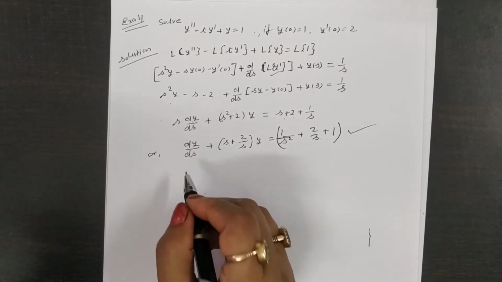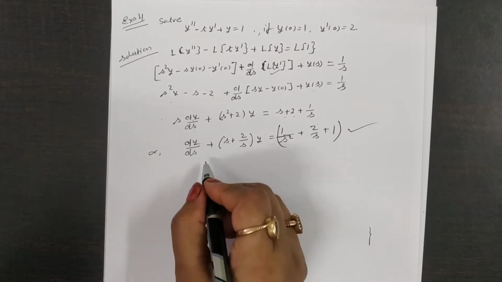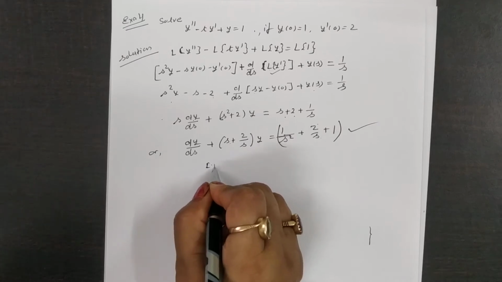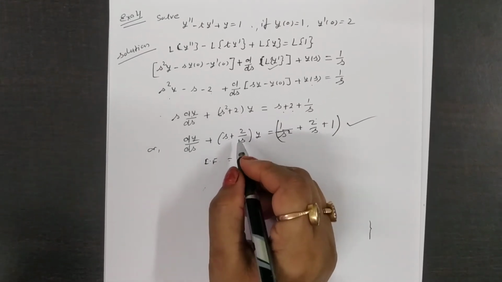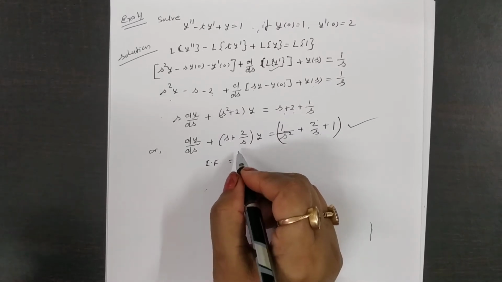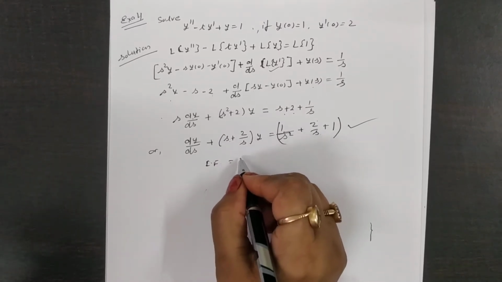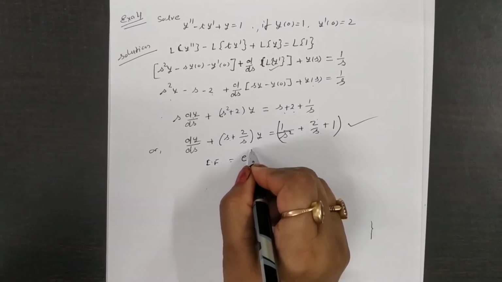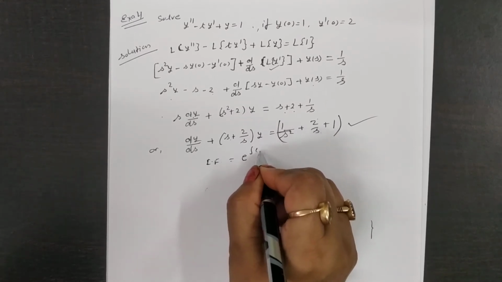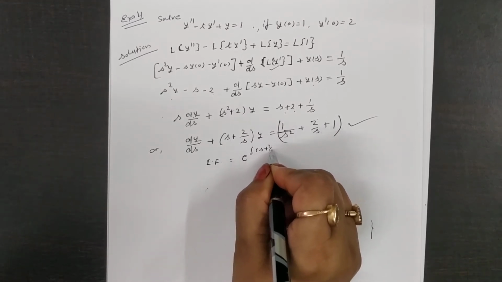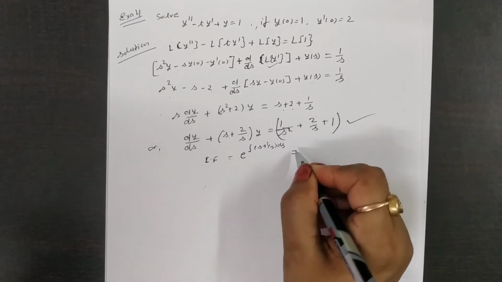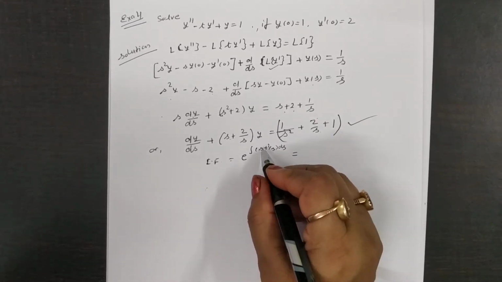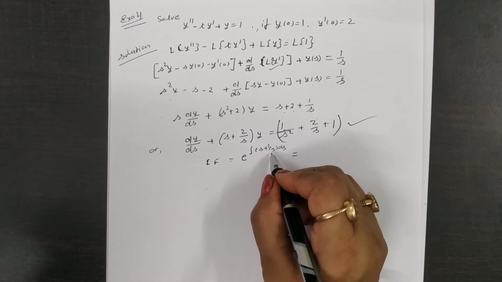So to find the solution of this linear differential equation, you first find the integrating factor. This is equal to e to the power of the integral of (s plus 2 by s) ds, and I think you get e to the power s square by 2 and the log of this one.